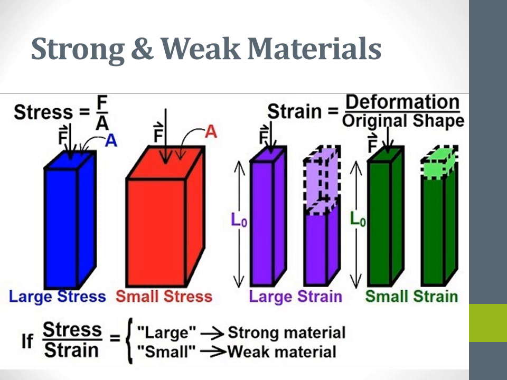Various combinations of stress and strain in the ratio of stress to strain tell us whether the material is strong or weak. If the ratio is large, we call that material a strong material, and if the ratio value is small, we call the material a weak material.